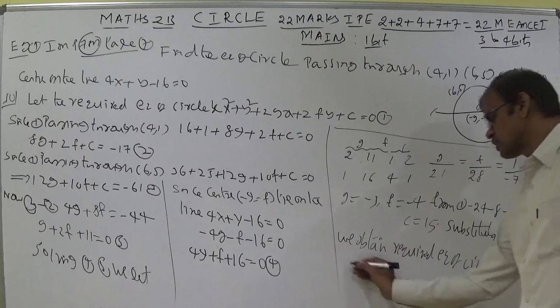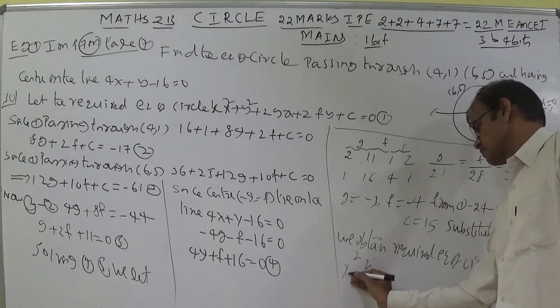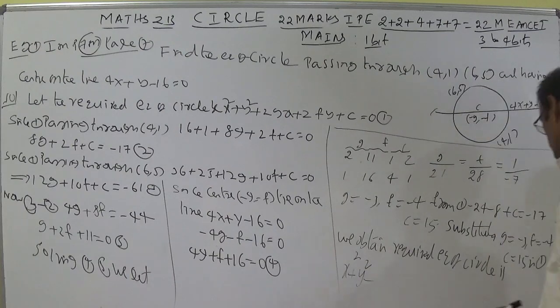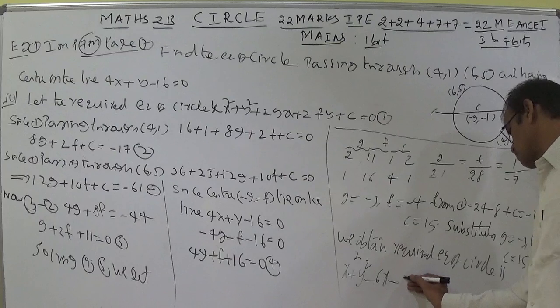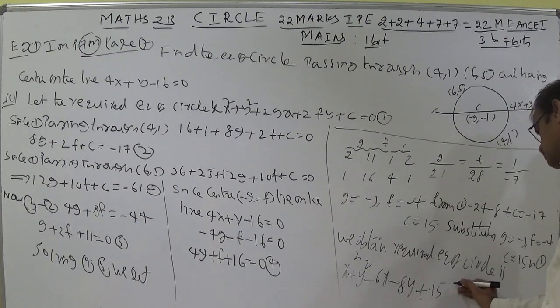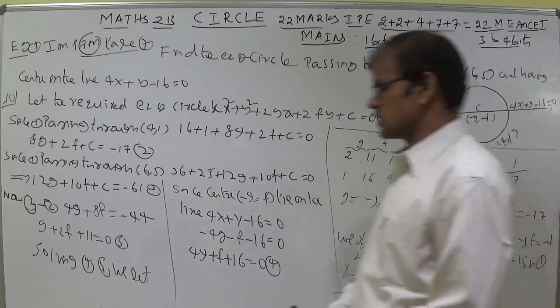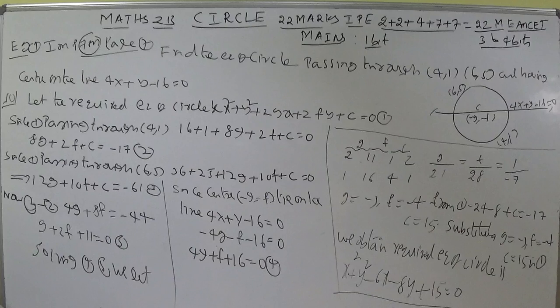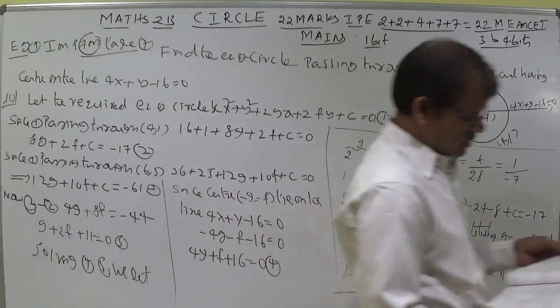Required equation of circle is x square plus y square minus 6x minus 8y plus 15 is equal to 0. It is IMP 7 mark sum.